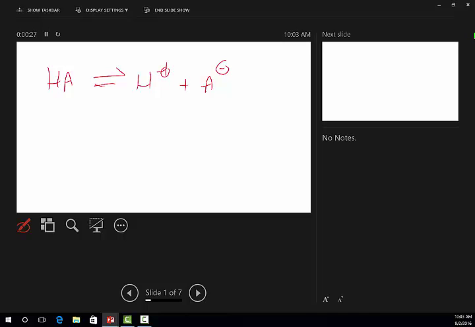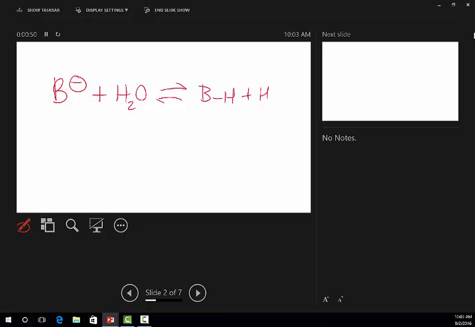If we think about a base, we kind of think of a base equilibrium as looking at something like this, where the base reacts with water. But again, it's an equilibrium. And remember, the relationship is conjugate base, and then this is the conjugate acid of that base.